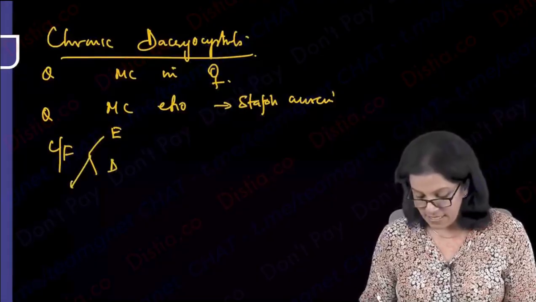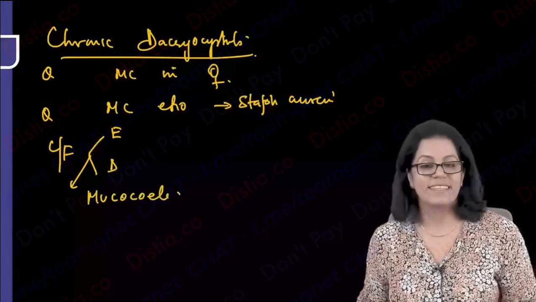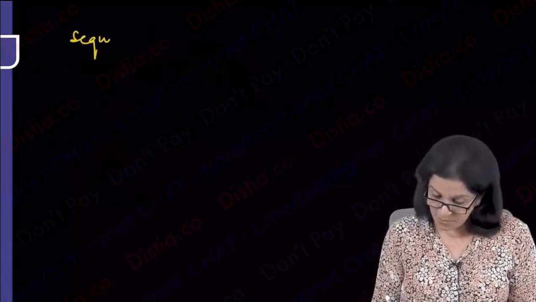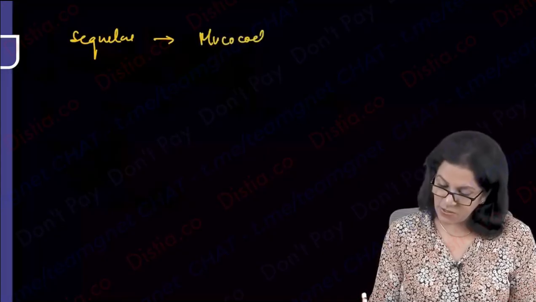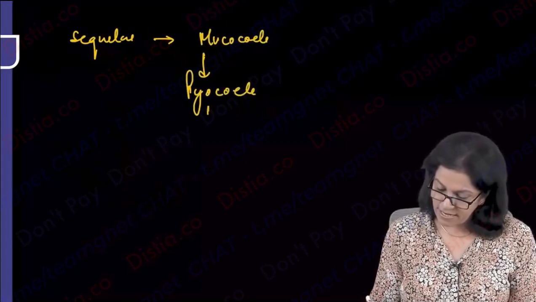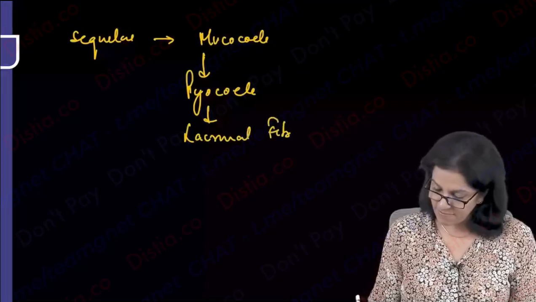You can even see a cystic swelling, like a mucocele formation. What is the sequelae here? This mucocele can get infected and lead to pyocele formation, and this will later lead to lacrimal fibrosis.